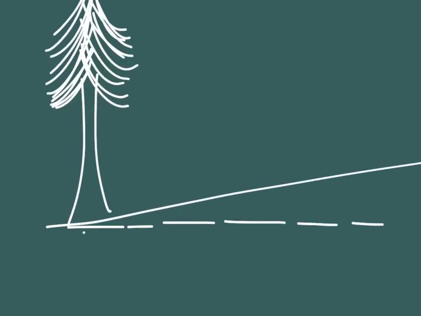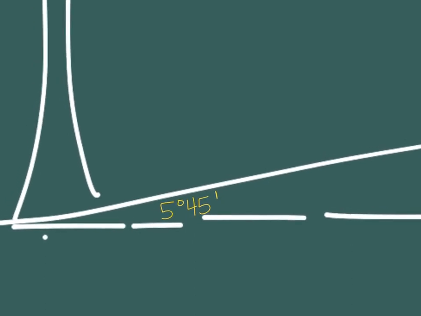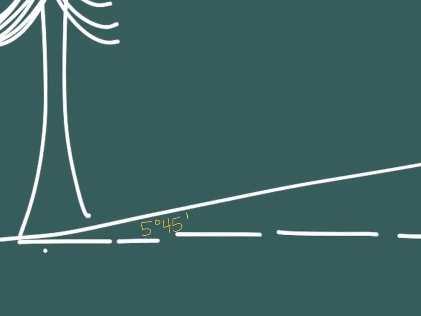We know now that the hill, I'm going to zoom way in, and I'm going to write it very small, that the hill is 5 degrees, 45 minutes. If it was level, it would be 90 degrees. It's not level. The hill is taking up 5 degrees, 45 minutes. But could you use your 90 degrees, what it used to be, to tell me how many degrees are actually above that hill?